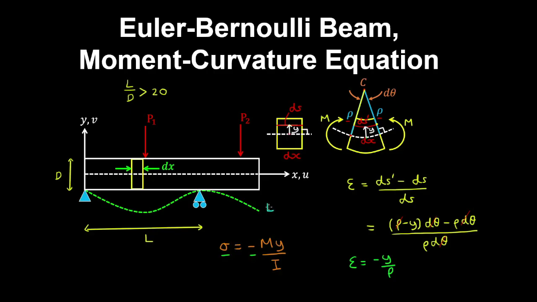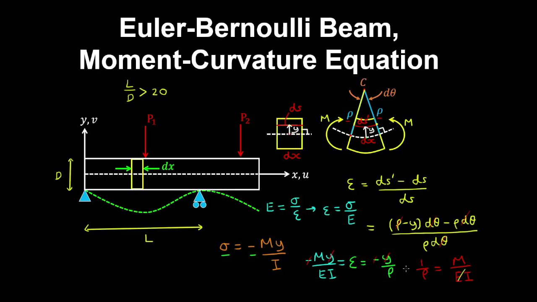And for a linear elastic material, the Young's modulus is the stress on the strain. So therefore, the strain is the stress on the Young's modulus, which means that the strain is equal to minus My on EI. And now we can cancel out the y and a negative sign, so that gives the curvature is equal to the bending moment on the bending stiffness EI.